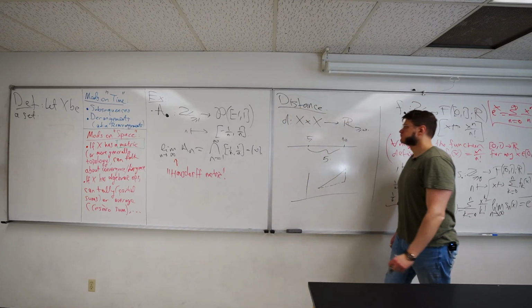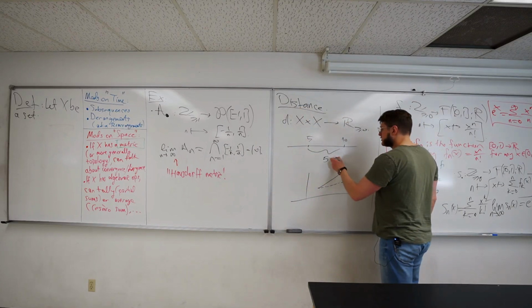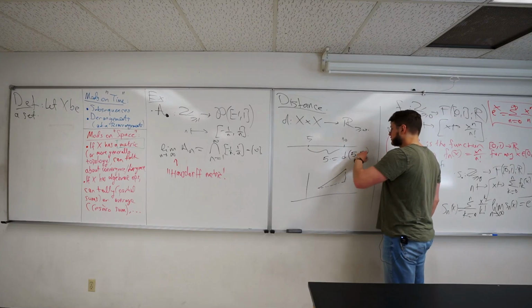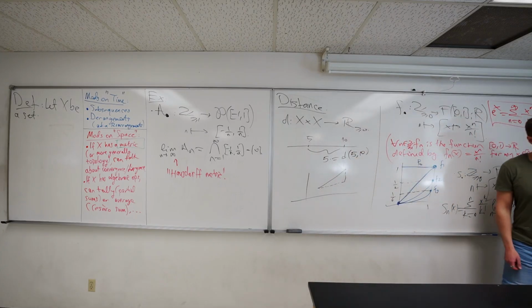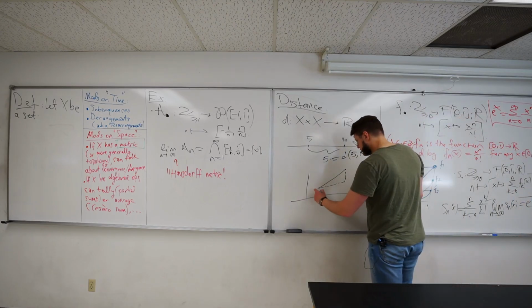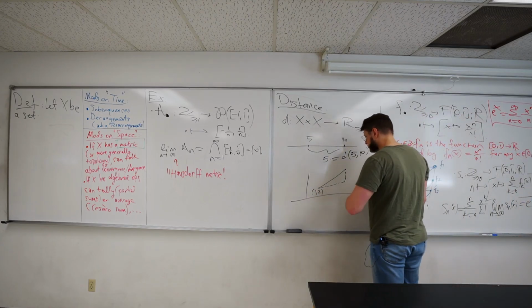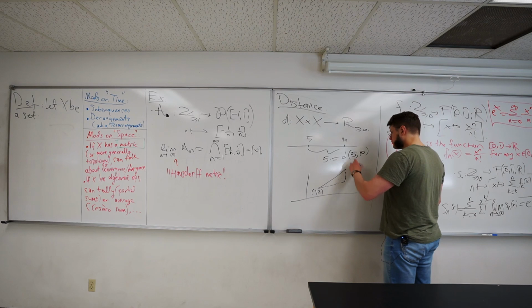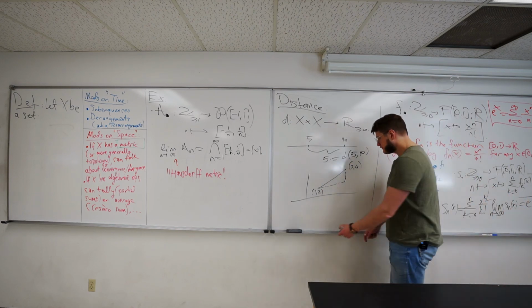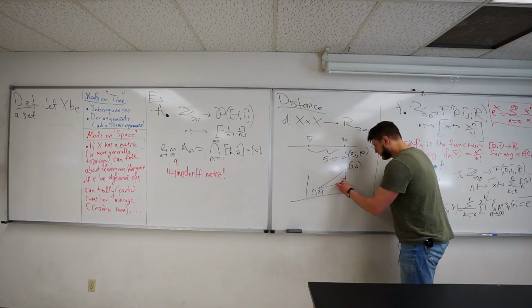Okay? So I want to say, for instance, here, 5 is the distance between 5 and 10, for instance. In this case, if I had, let's say, 1, 2, and then 3, 4, right? How do you compute this distance? You do the Pythagorean whatever.